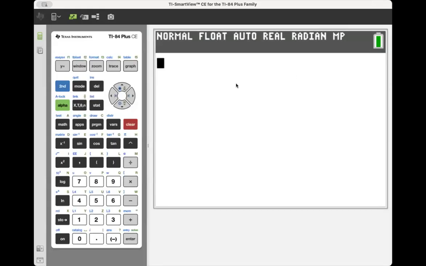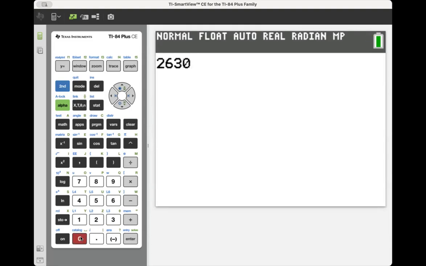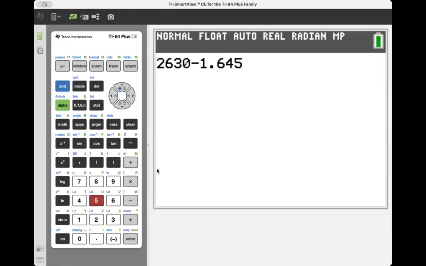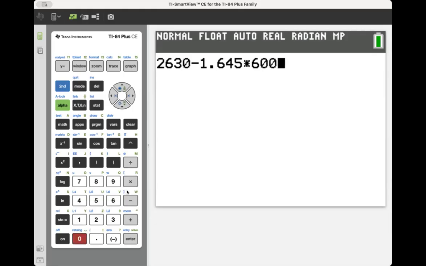Okay, so with me, try this. 2630 minus 1.645. And you don't have to put the parentheses. The order of operations is automatically maintained because we're multiplying by 600 and dividing by the square root of 36.